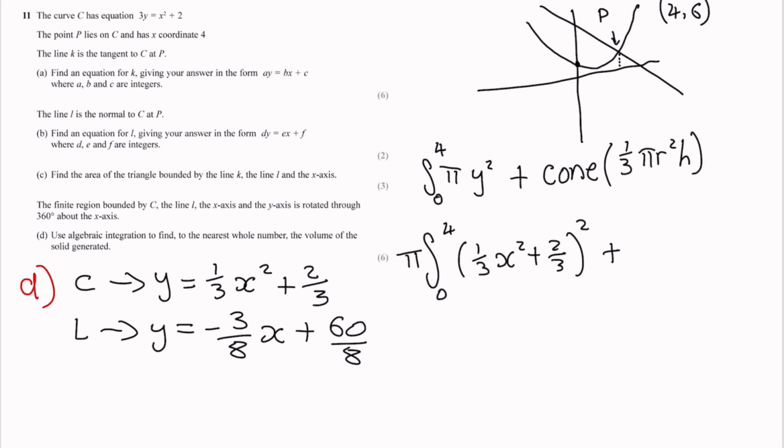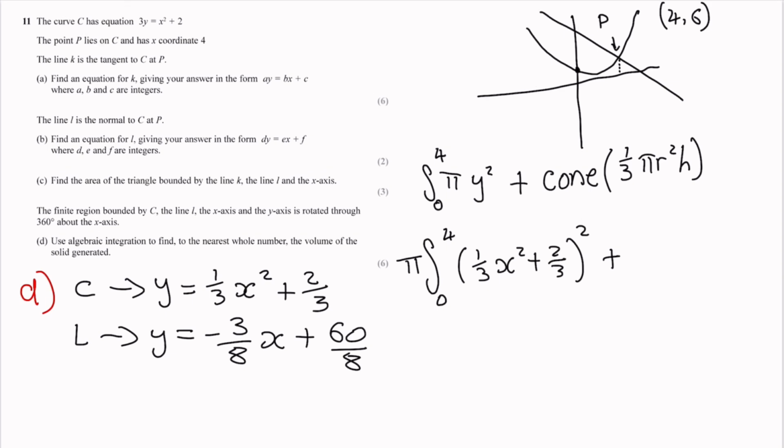So again, the radius is going to be from this x-axis to this point here, the radius of my cone. If you picture it, it's going to look something like this, 3D version of that.